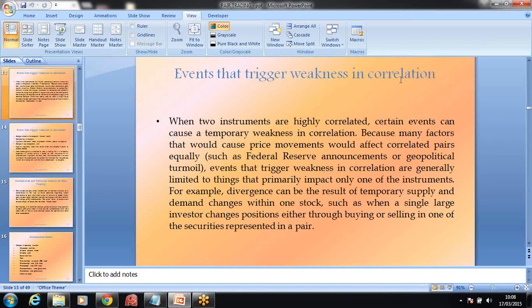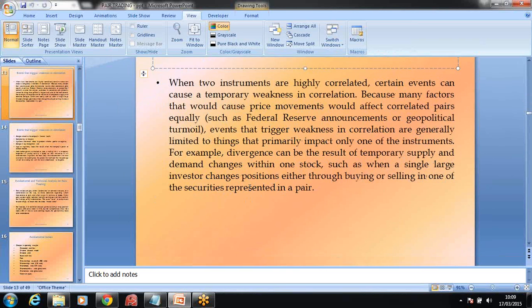Events that trigger a weakness in a correlation. One is maybe Fed reserves, or geopolitical problems, or temporary supply and demand changes in one stock, and their financial results, their balance sheets. All these things matter. That is what triggers some weakness in a correlation.